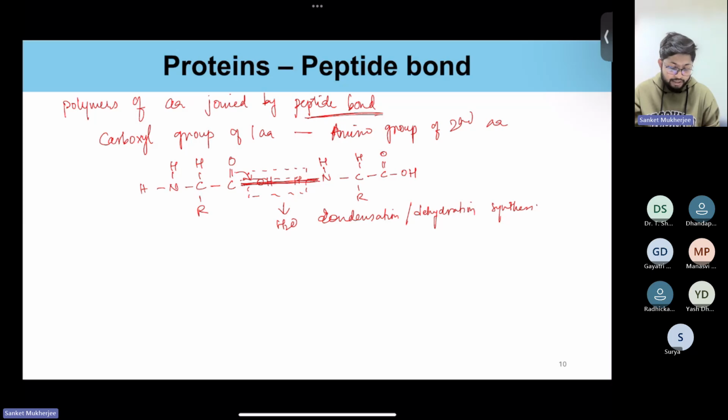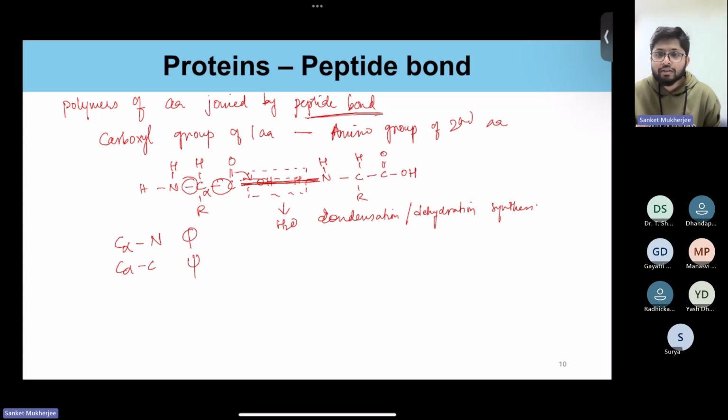But the bonds between C alpha and N, and C alpha and C, these can rotate, and the angles are denoted as the phi and psi angles.